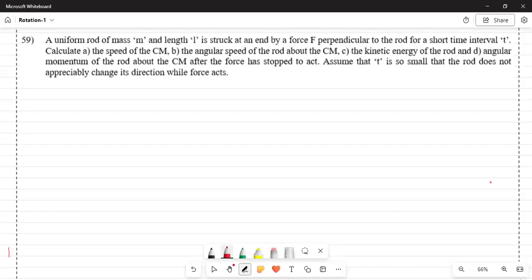Now we attempt this problem, problem 59 of your textbook.